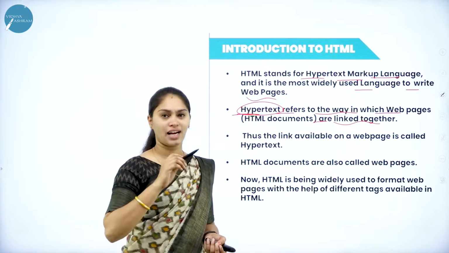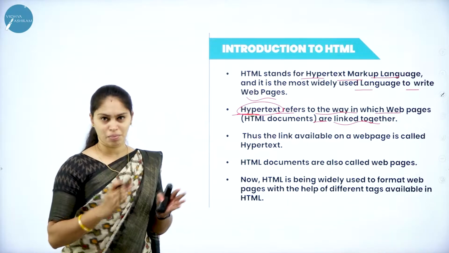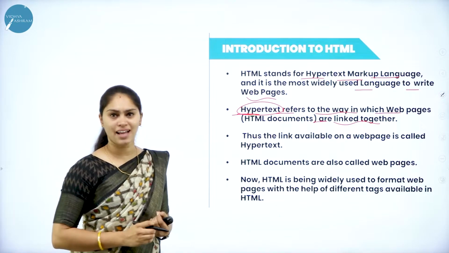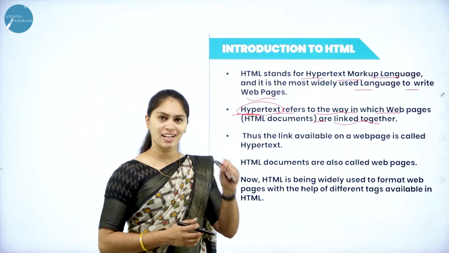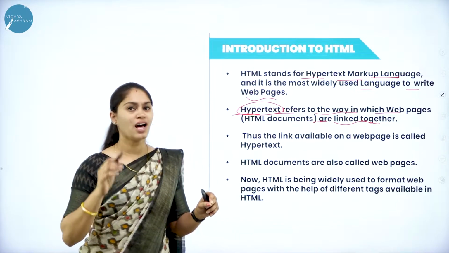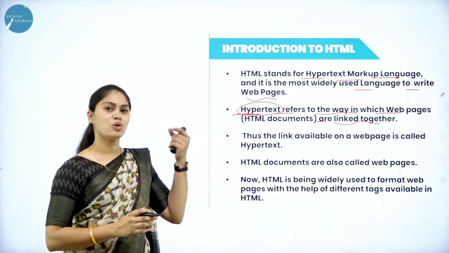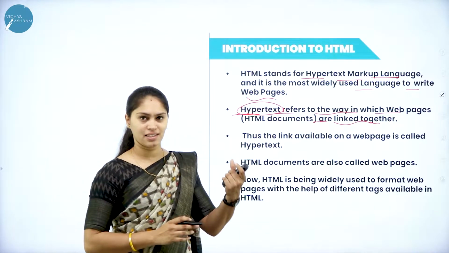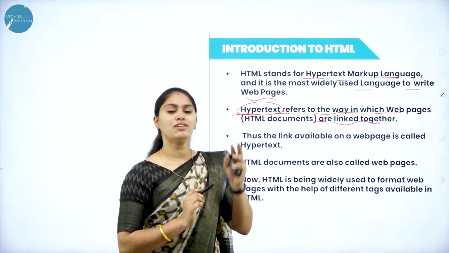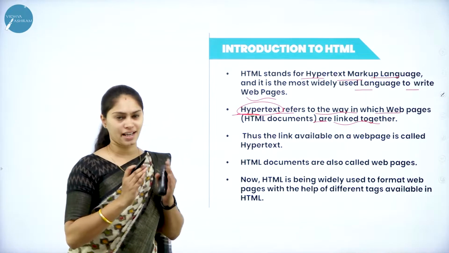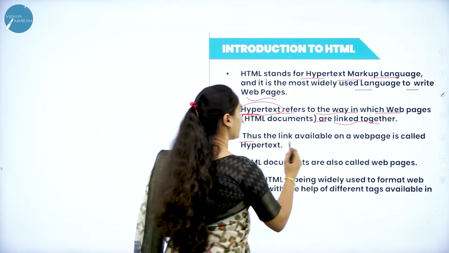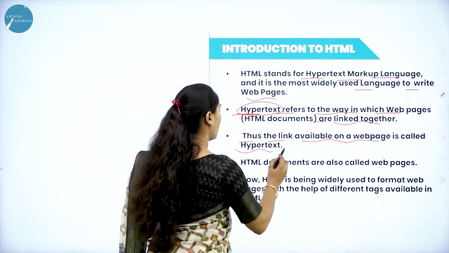If I click on that, it will take me to another web page. That is what we call a hyperlink. If I click on that link, it will navigate us to another page. So whatever text we have in blue color with underline is considered hypertext. Also, the link available on a web page is called hypertext.